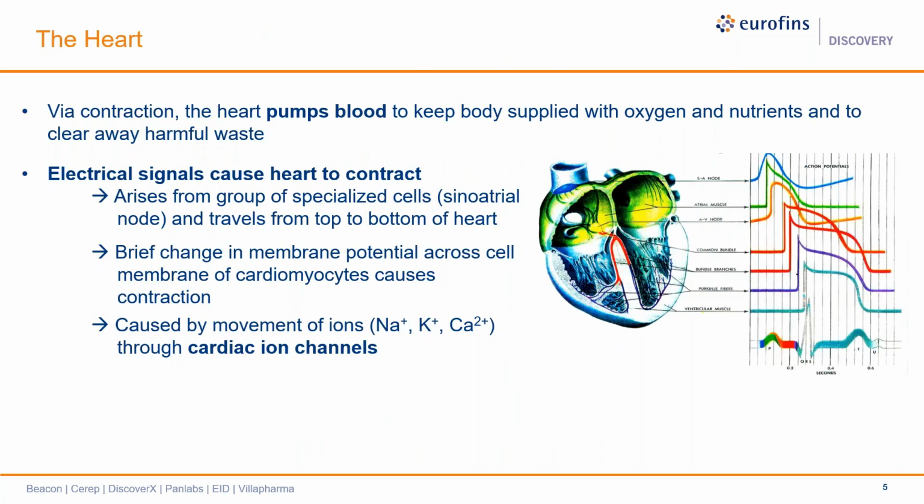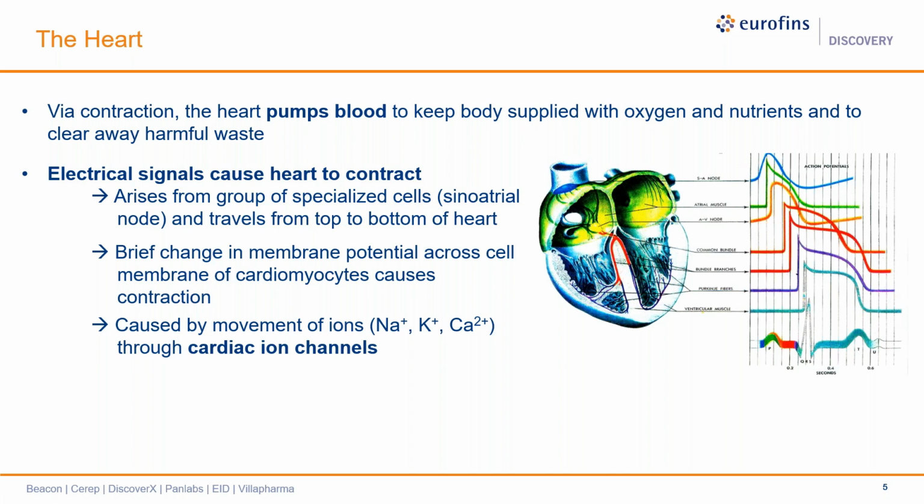The reason why the cardiovascular system is one of the main systems affected by adverse drug reactions is because the heart is essential to keep the body supplied with oxygen and nutrients and to clear away harmful waste. On a molecular level, there are electrical signals that cause the heart to contract.